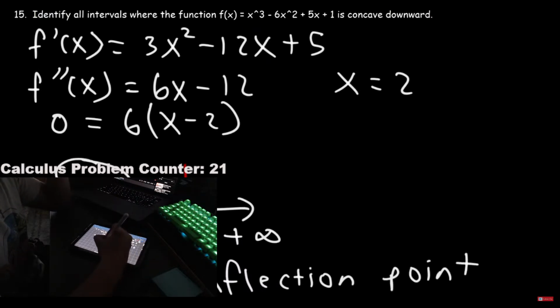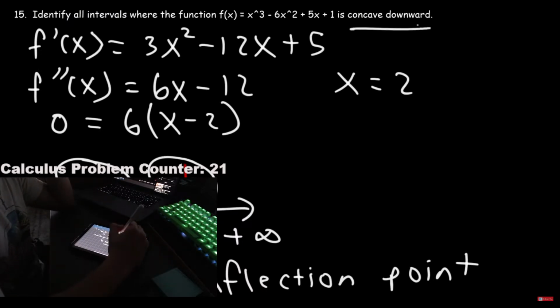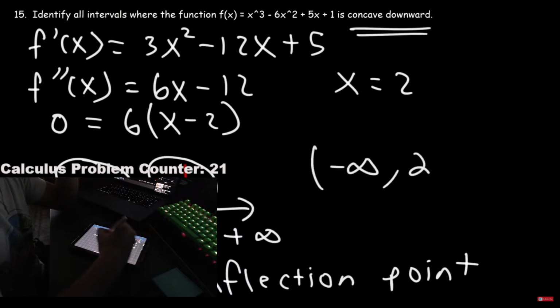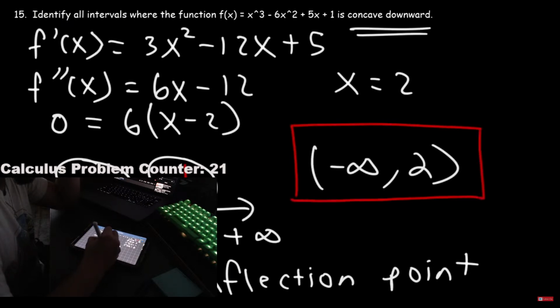On the left side, the second derivative is negative, so the function is concave down. On the right side, the second derivative is positive, so it's concave up. So the interval where the function is concave down is from negative infinity to 2, when the second derivative is negative.